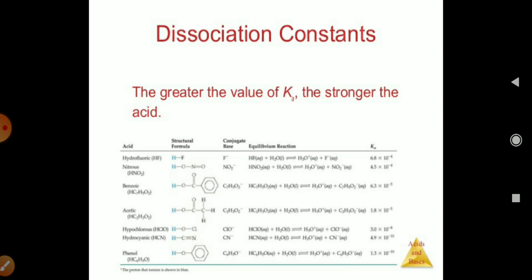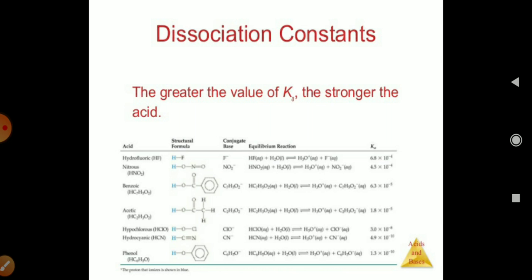Now here in this table you can see the dissociation constants discussed for many examples. For example, hydrofluoric acid, HF, its conjugate base is F negative, and this is the equilibrium reaction for fluoride.